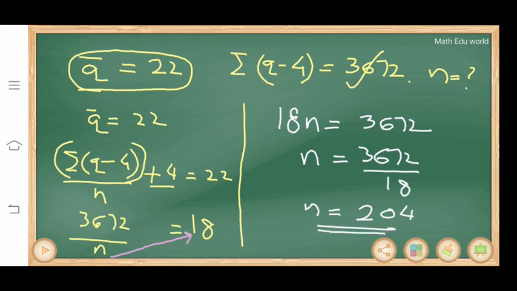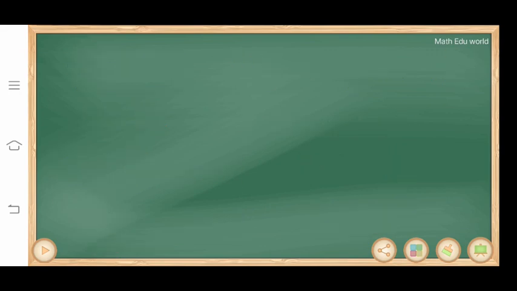This method is very important because in most of the questions we need to calculate the value of n to continue the further calculations. Now let's look at another concept, which is variance. These two concepts are not under the same topic.